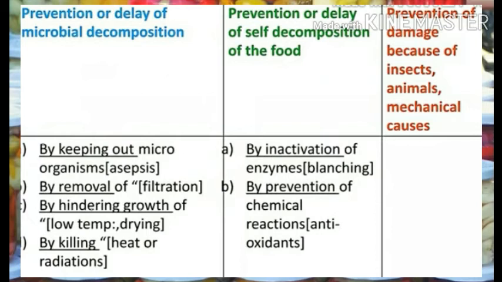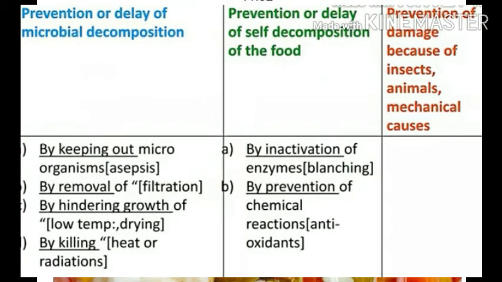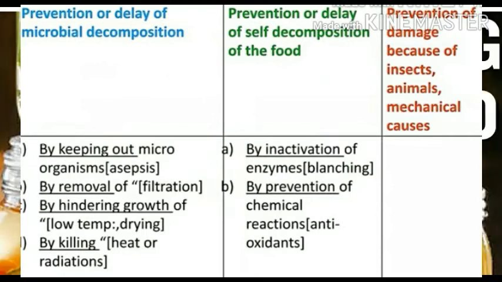And next we move to prevention or delay of self decomposition of the food. First, we preserve the food by inactivation of enzymes, that is blanching. A proper name that can be given for the inactivation of enzymes is blanching.